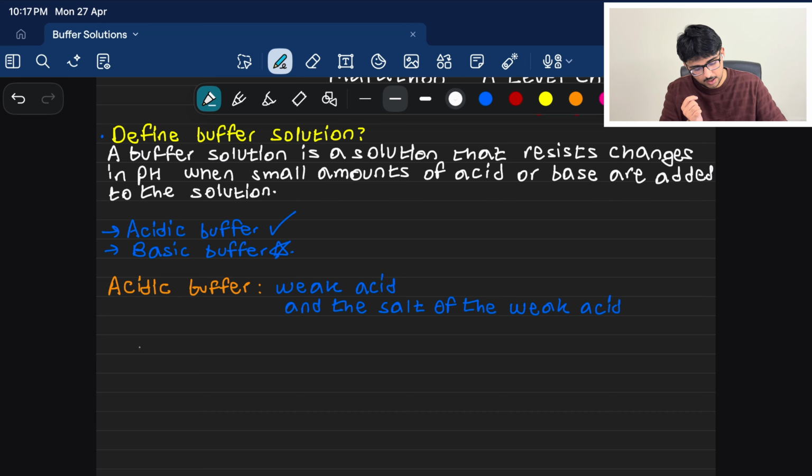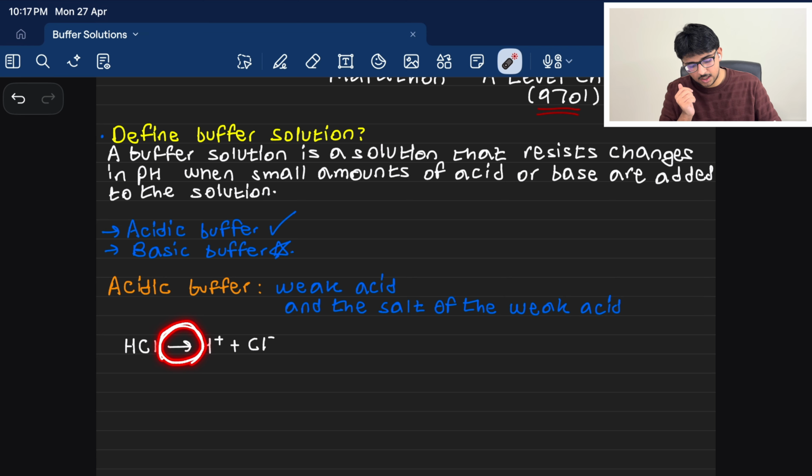So let's take an example. If I have HCl, when I draw the dissociation of HCl, meaning when I put HCl into water, the HCl dissociates, or you could say breaks down into its ions. And how does it break down? It breaks into H+ and Cl−. Notice the arrow which I used to explain this dissociation is a forward arrow. What is that telling me? It's telling me that every single HCl molecule in the solution dissociated to form H+ and Cl−.